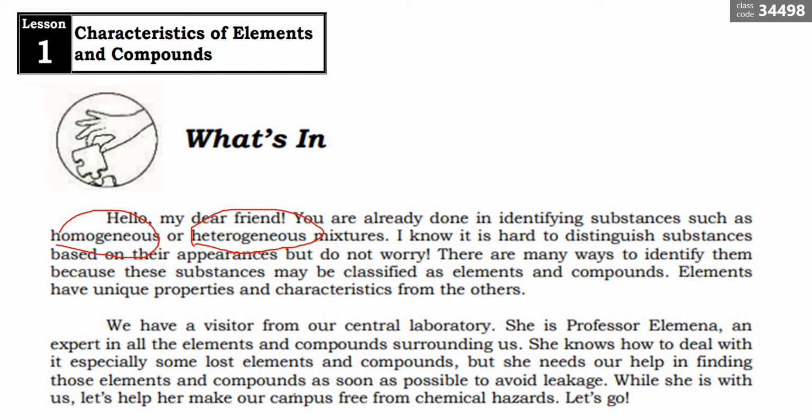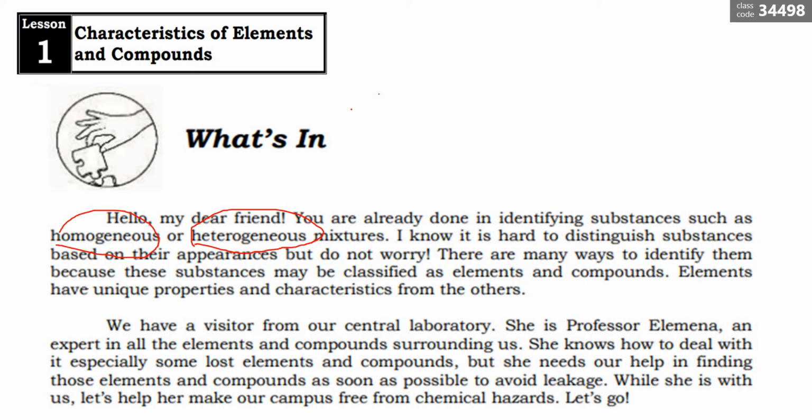Remember that. There are many ways to identify them because these substances may be classified as elements and compounds. Remember, elements have unique properties and characteristics from the others.